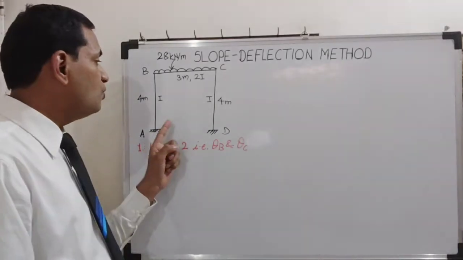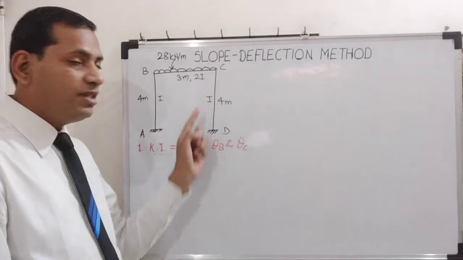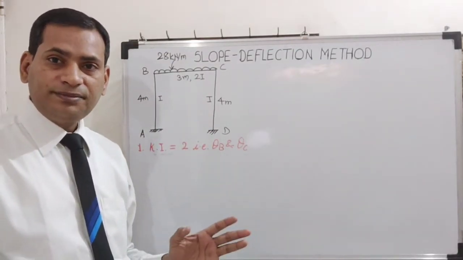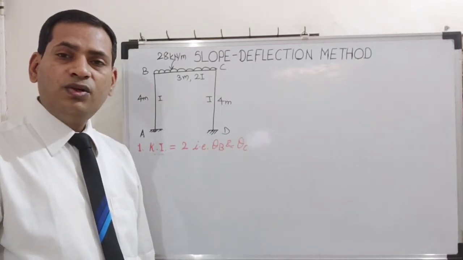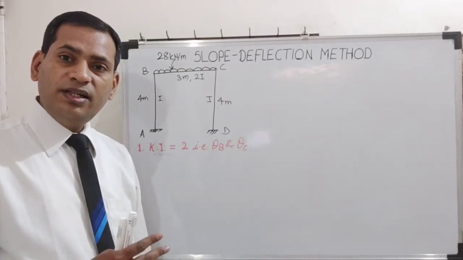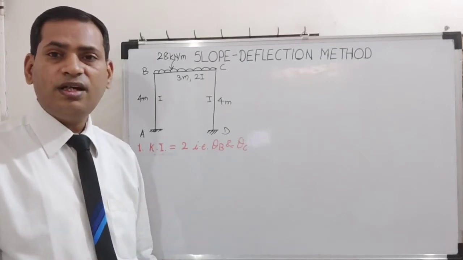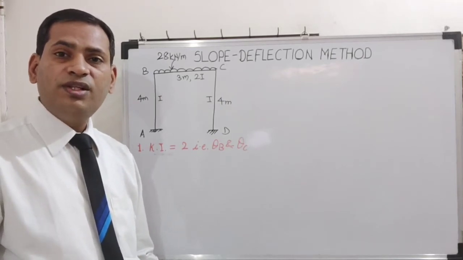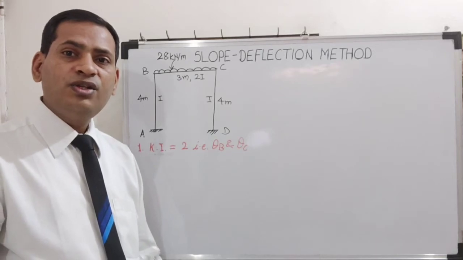When any joint of the frame is there, it will have 3 degrees of freedom. Two linear translations, one in x, one in y direction, and the other will be the rotation of the joint. So these 3 degrees of freedom will be there for each joint.